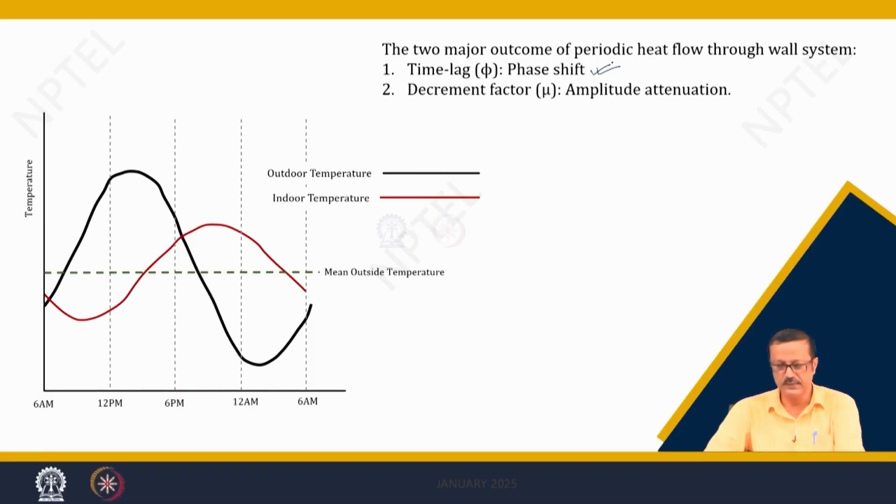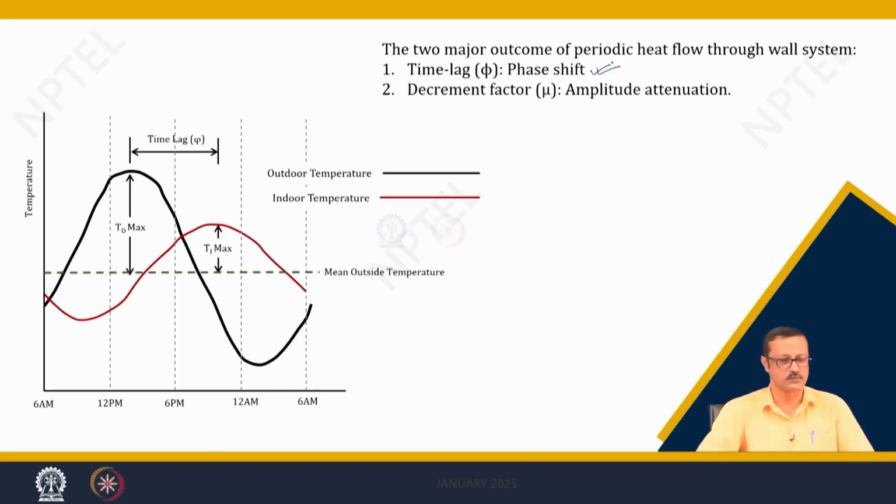The second distinct change we study in this graph is the difference in the amplitude, the peak amplitude. The outdoor max and the indoor max are not the same, they are different.